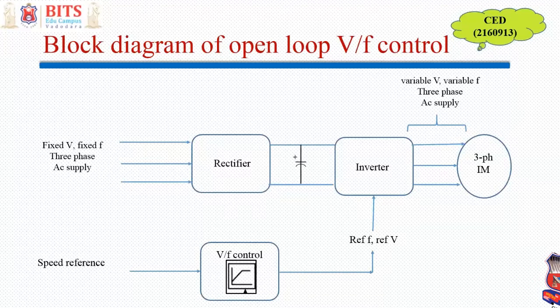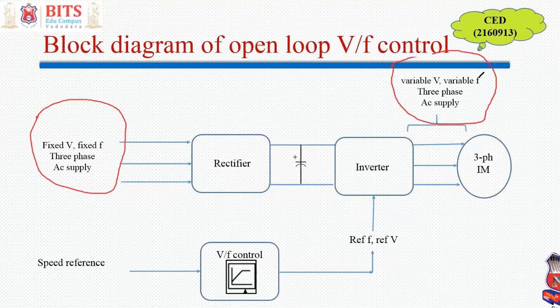Yesterday we had discussed how to implement. So the problem was that we have the frequency and voltage both fixed. As you can see, this is what is available from the supply electricity board, while we require variable voltage and variable frequency such that the ratio of V by F is constant from 0 up to the rated frequency or rated speed.